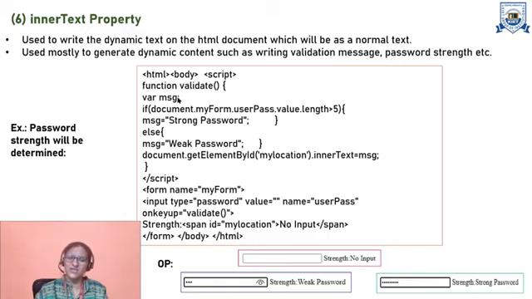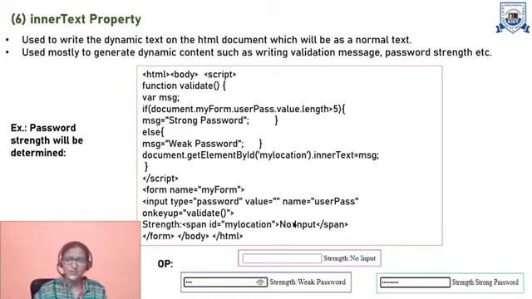Whatever the final MSG is, it gets assigned to the particular element whose ID is my location. That inner text gets replaced with the content associated with the variable MSG, which can be either strong password or weak password. So no input will get replaced with the content of the message.